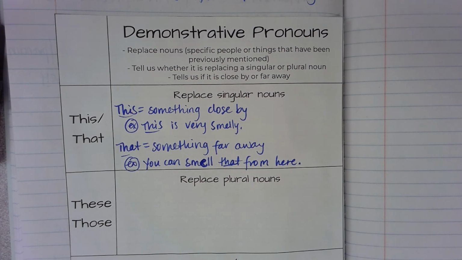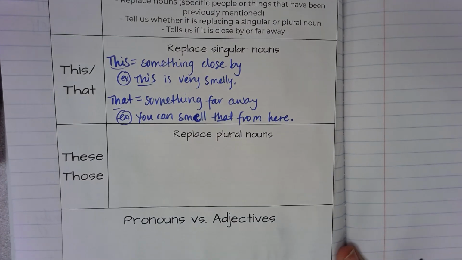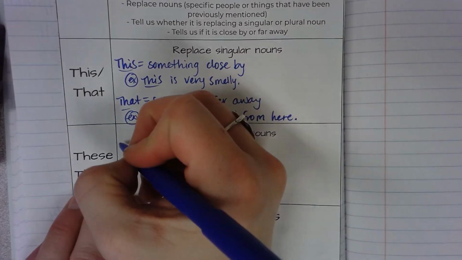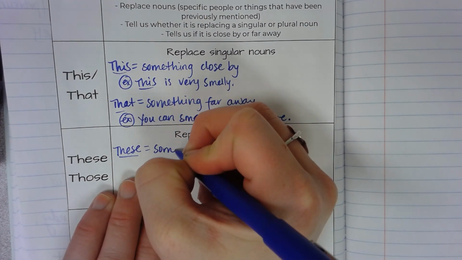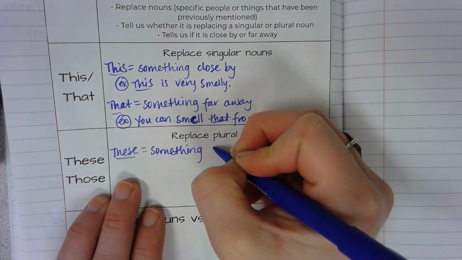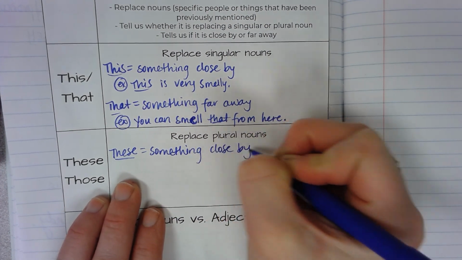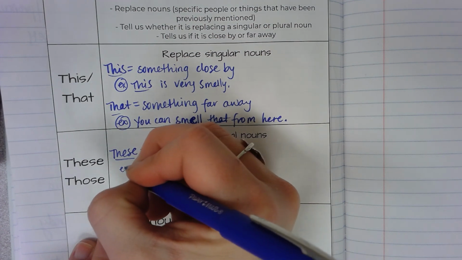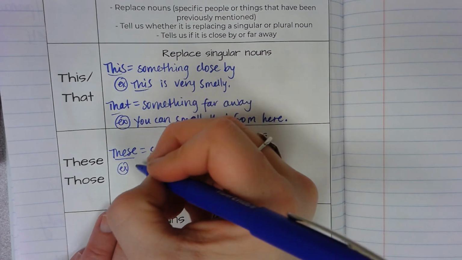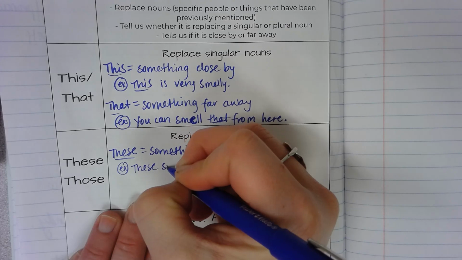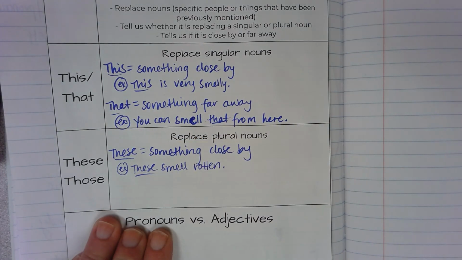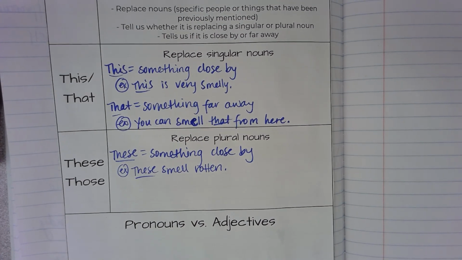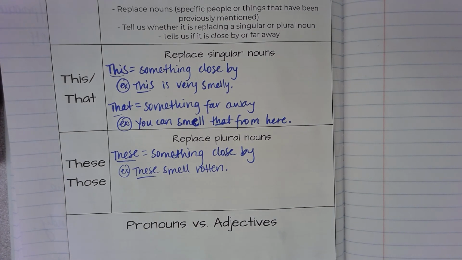Now the words these and those replace plural nouns. These books, those shoes. So these, again, means something close by. An example, these smell rotten. Chances are you're talking about something that's near you or right in front of you or that you're actually smelling at that moment.